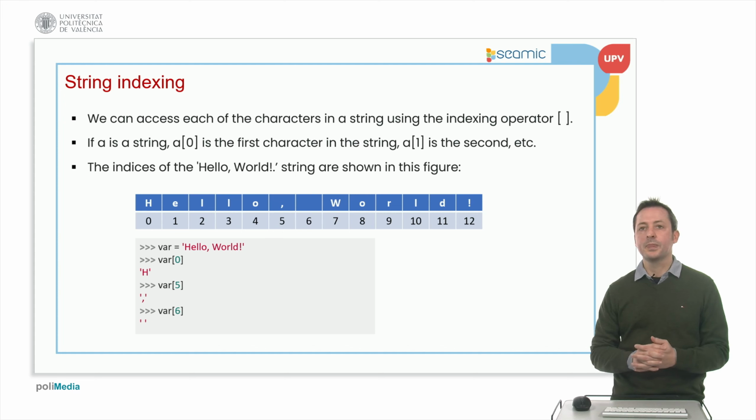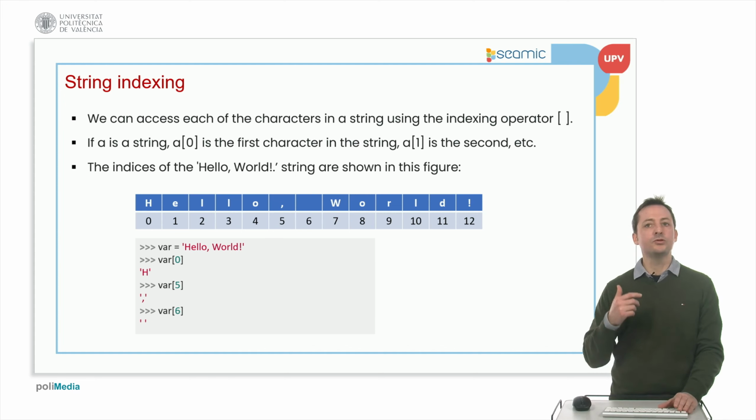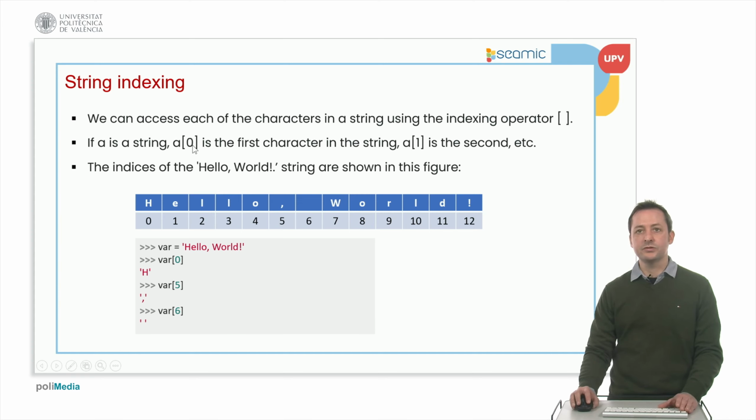When working with strings, it's also important to be able to access a specific position inside the string. This is carried out by the indexing operator, the brackets. So, by using this, you can access specific positions inside the string. For example, s[0] represents the character at position 0.